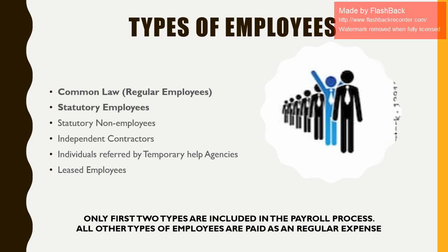You have your statutory employees, which I'll go ahead and talk about in more depth after this slide, so I don't have to explain it twice. This is just a list of the types of employees that you have. You have those ones, then you have statutory non-employees, then you have your independent contractors, then you have individuals referred by temporary agencies, and then you have leased employees, okay?